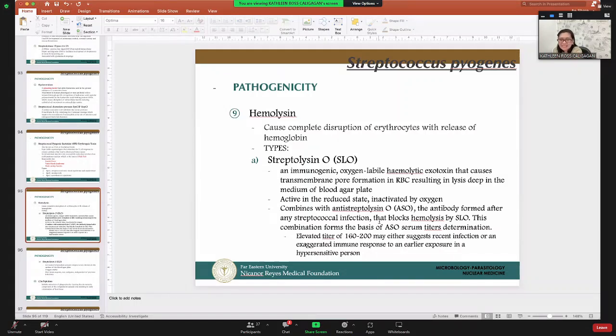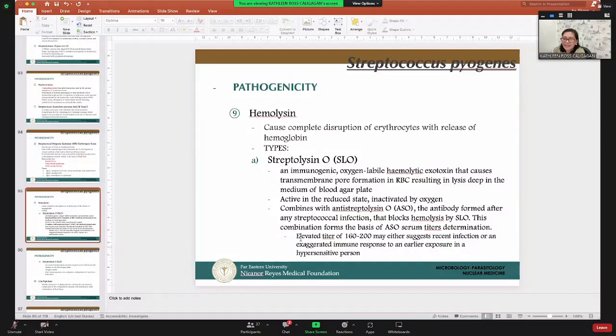Now, streptolysin O, this is what we use to determine the titer of the infection. It combines with anti-streptolysin O, or the ASO titer, the antibody that forms after streptococcal infection.